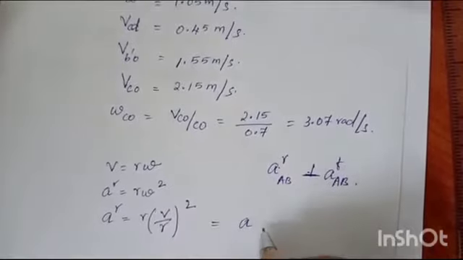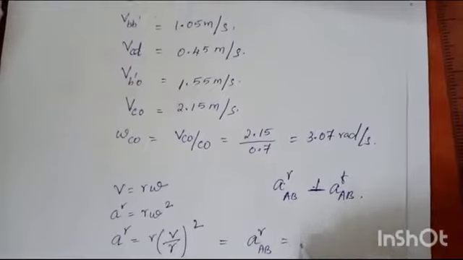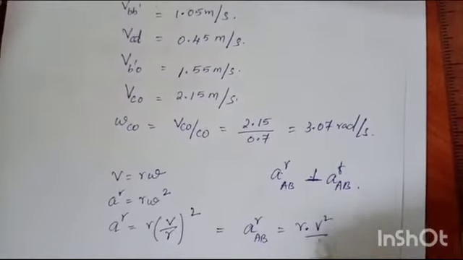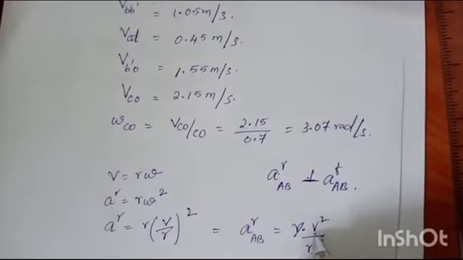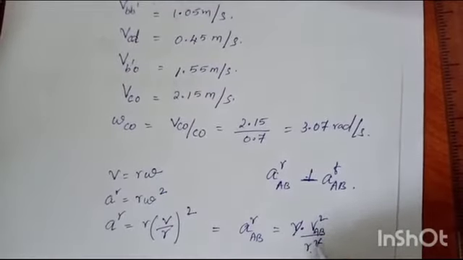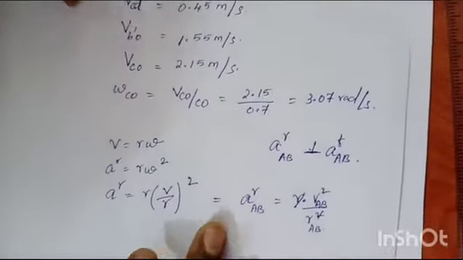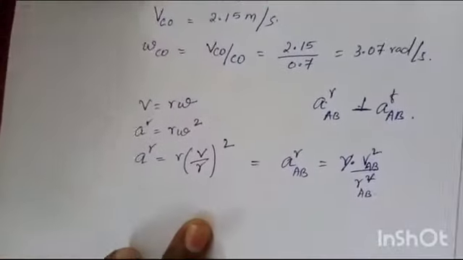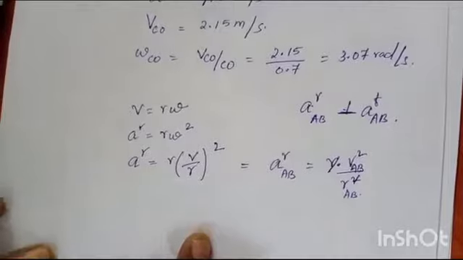So AR of AB or any link is equal to R times V square by R square, so you will get V square by R. Suppose I am taking V square of AB divided by the link length of AB, I can get my radial acceleration directly. So from these velocities I can find my radial acceleration directly.